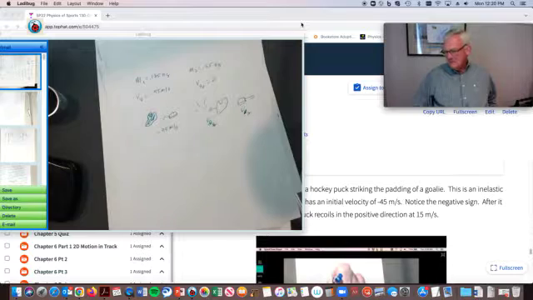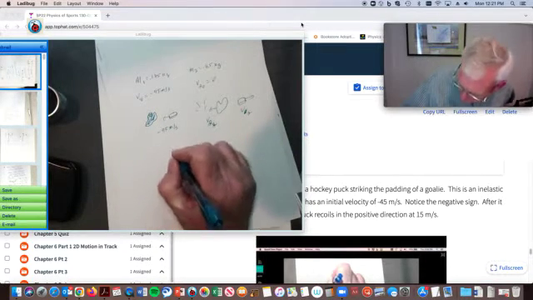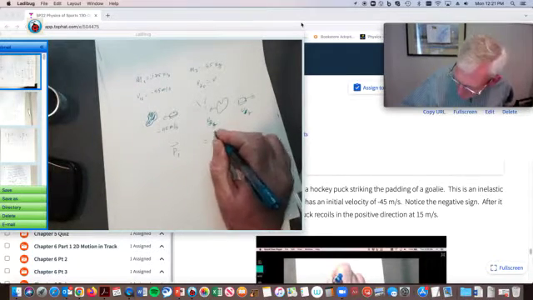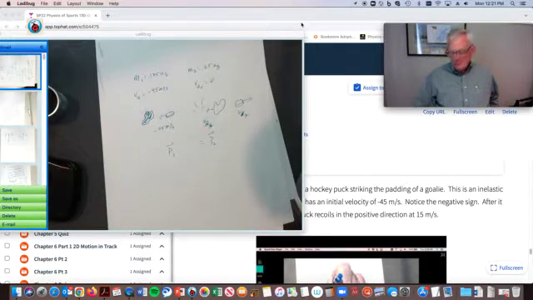So here we go. We know that the momentum's conserved. So the momentum before is equal to the momentum after.